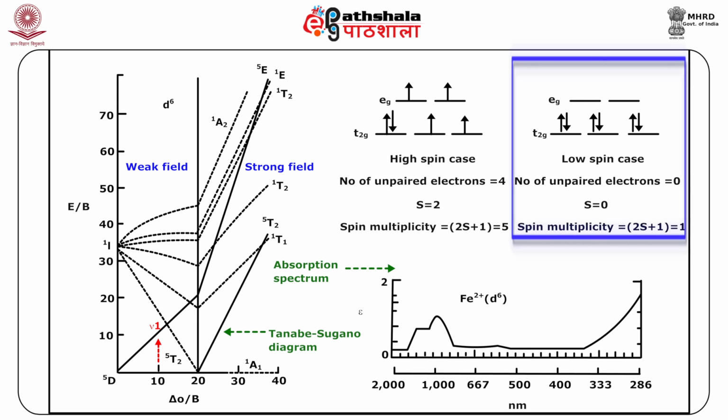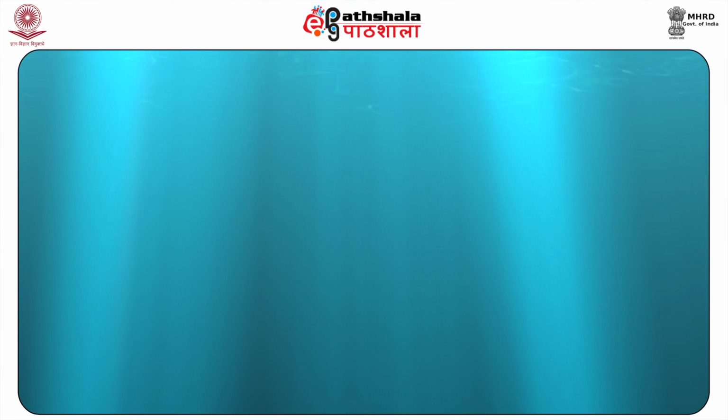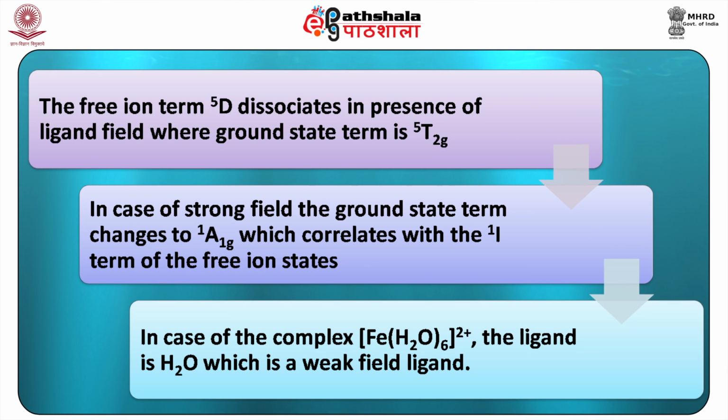The Tanabe-Sugano diagram and the absorption spectrum of the iron 2+ complex is shown in the figure. The free ion term 5D splits in the presence of the ligand field, where the ground state term is 5T2g. In case of a strong field, the ground state term changes to 1A1g, which correlates with the 1I term of the free ion states.